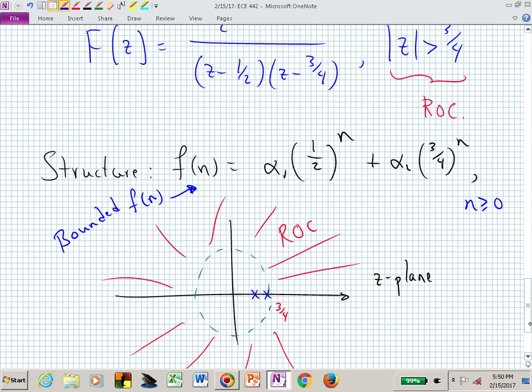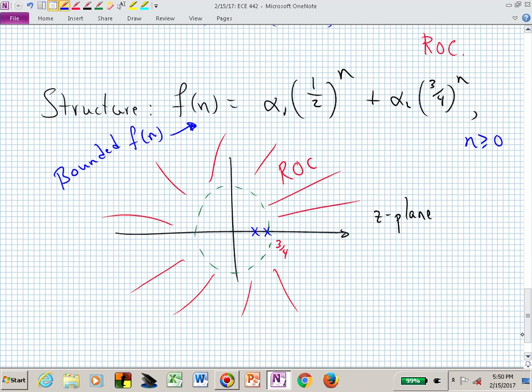Another way to answer this question, as far as whether your time domain response is bounded, is to look at where the unit circle is relative to the region of convergence. The unit circle is this nice circular region that I've now indicated by the dashed line.